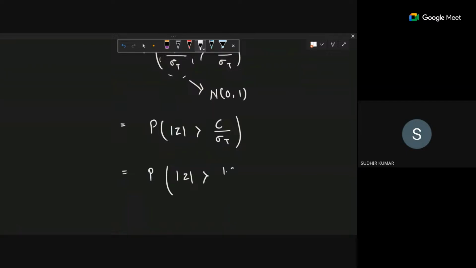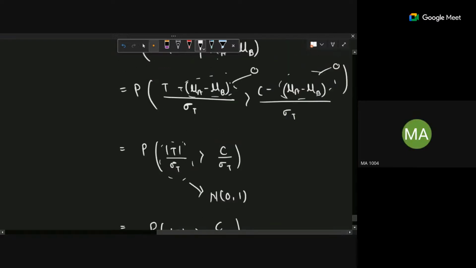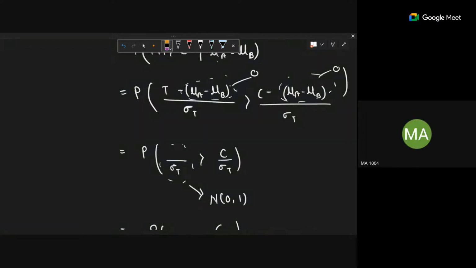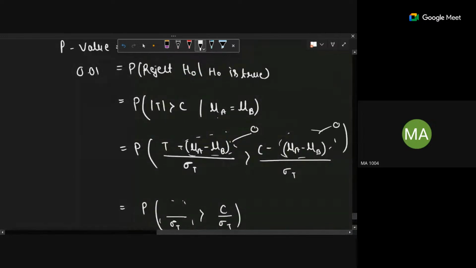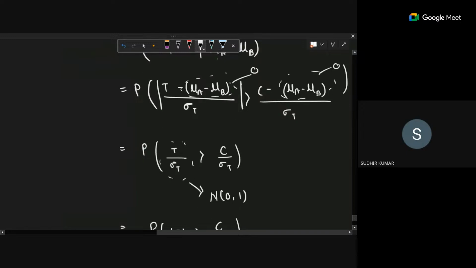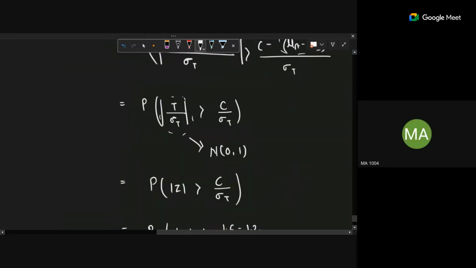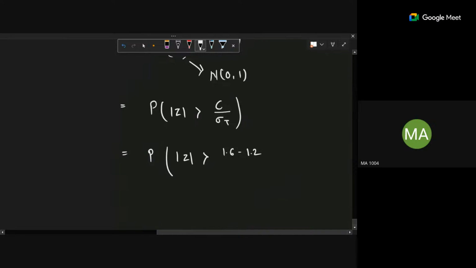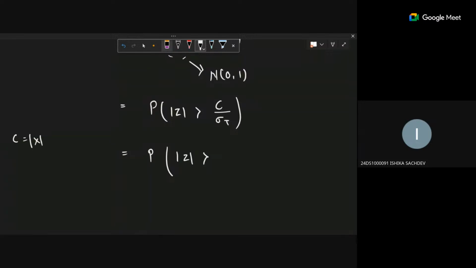Ma'am, sometimes we are writing mod T and sometimes T. Will it affect? C is nothing but this one, we are making it inside the modulus. Okay, that's why it's like that. Modulus Z, 1.6 minus 1.2, that is the value of C, right? Ma'am, will the C be inside the modulus because T is also inside the modulus?